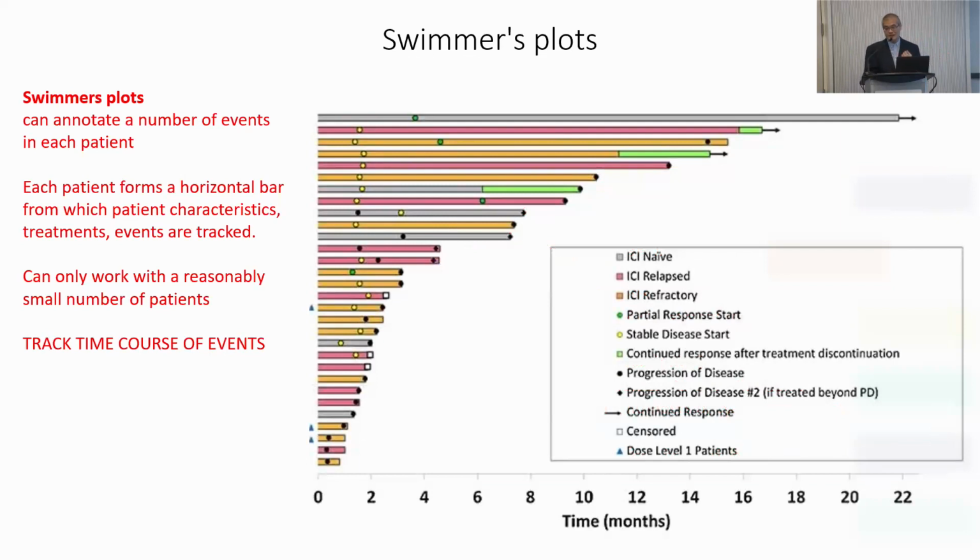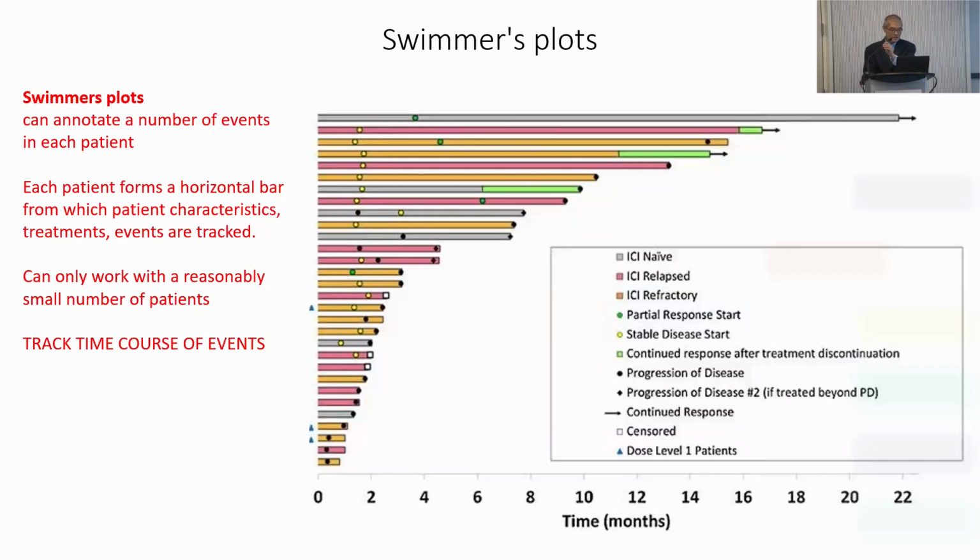One of the things that we deal with in this case is use other types of graphics, like swimmer's plots. Many of these are rare tumor subtypes, for instance, so the swimmer's plots won't be 1,000 patients, that sort of thing. You can actually see at what point they failed or progressed, as far as we can tell, the RWPFS, and then the post-progression treatment, and collect data on both.